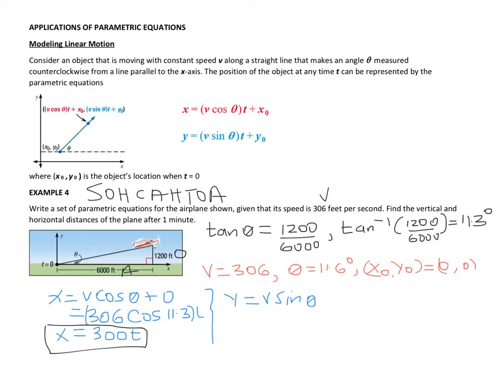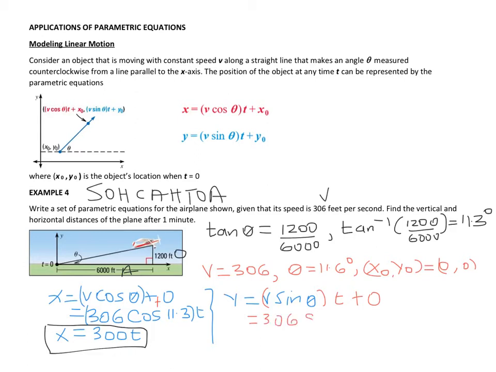I'm multiplying that by t, and this is plus y sub 0, so v sine theta times t plus 0.